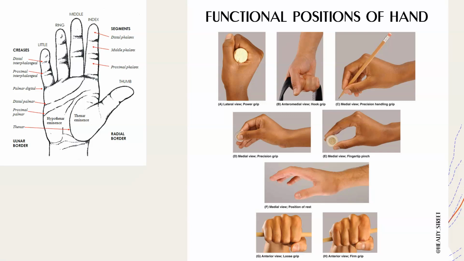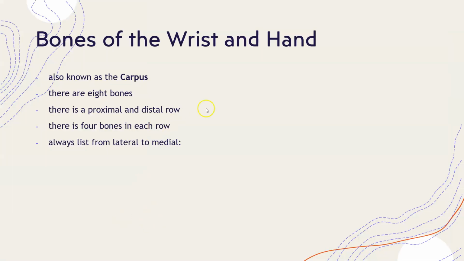It is the fact that we can do all these functional positions that then inventions have occurred that take advantage of these various grips and or positions of the hand for doing functional stuff or work. So the bones of the wrist and hand, the bones of the wrist themselves, these are known as the carpus.